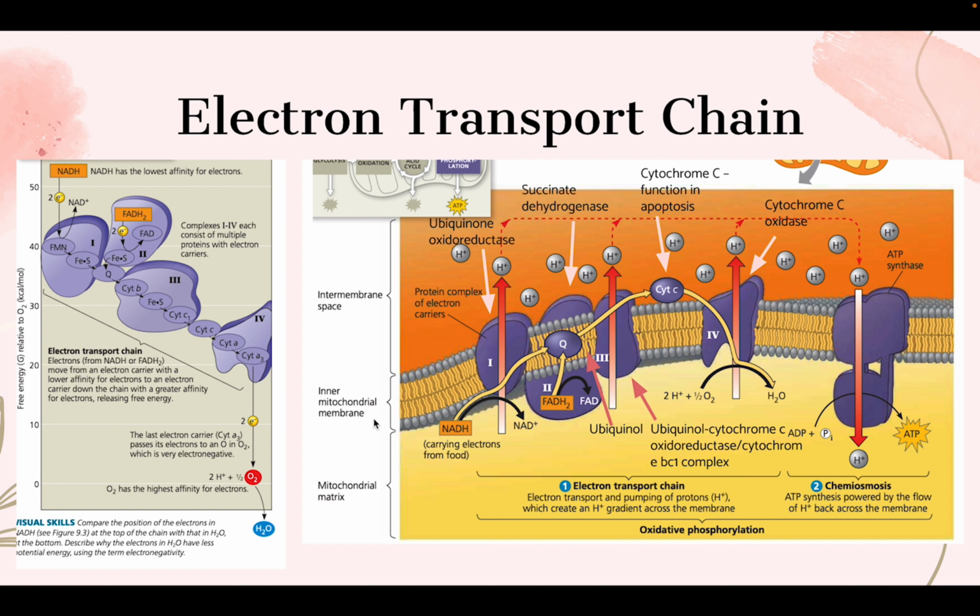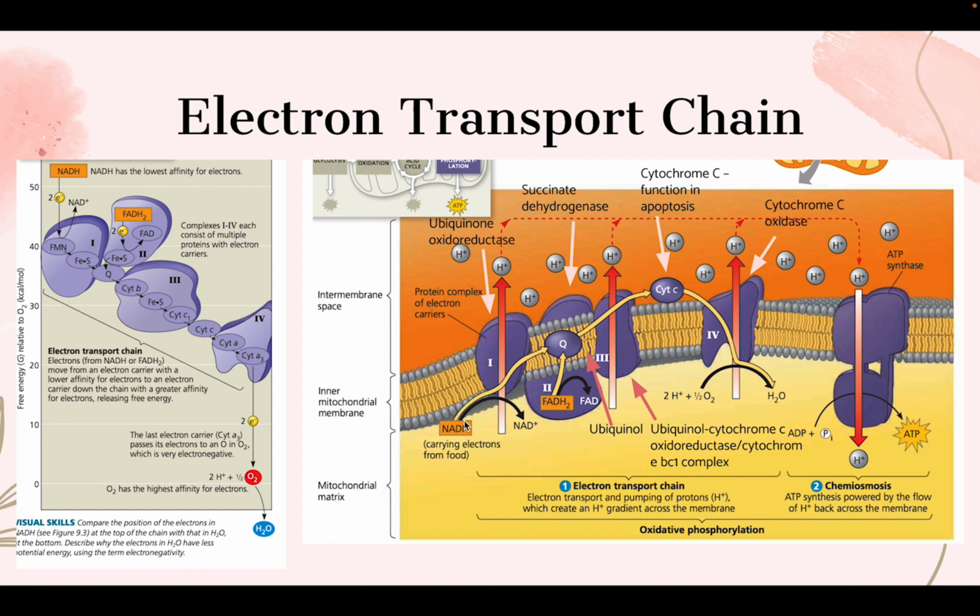Essentially, let's just walk through this whole thing. But first, know that at all of these complexes, the electrons that arrive get lower and lower in energy level, because most of them are going to be pumping protons outside into the intermembrane space to create that gradient I was talking about. So let's just walk through it.